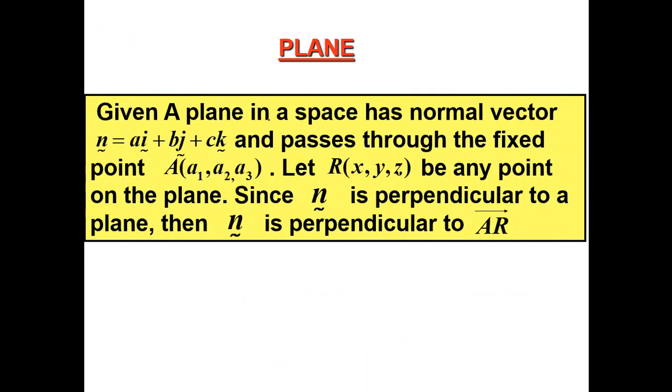Given a plane in space that has normal vector n and passes through the fixed point A, let R be any point which lies on the plane. Since n is perpendicular, 90 degrees, to the plane, then n is perpendicular to AR.